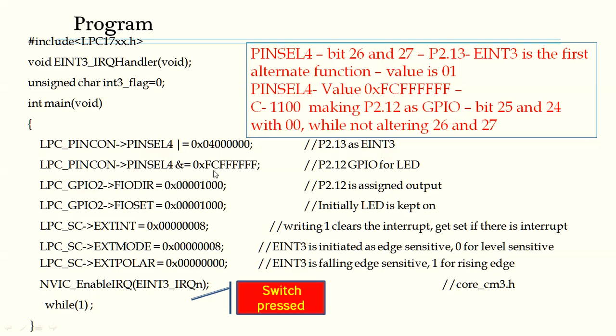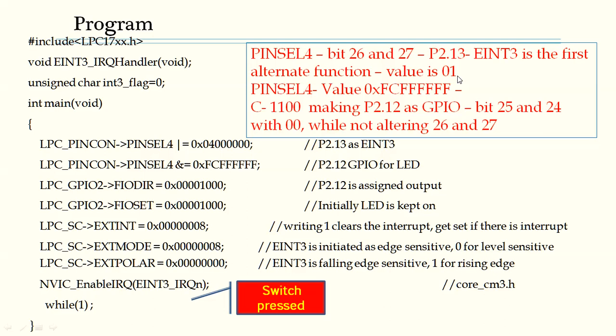I'm explaining to you how the value C comes. C corresponds to 1100. In the previous statement, for bits 26 and 27, we have already written 01. I don't want to alter it at all. That's why we are ANDing it with a value of 11. So when you AND it with a value of 11 in bit positions 26 and 27, we still get a value of 01.